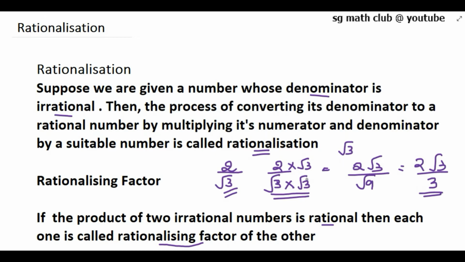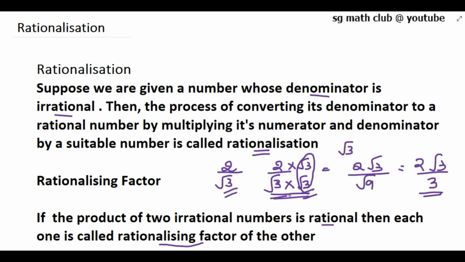Why don't I have an irrational number in the denominator? Because by the process of rationalization, I have removed that irrational number from the denominator. I have multiplied the numerator and the denominator by root 3, so this root 3 is called the rationalizing factor.